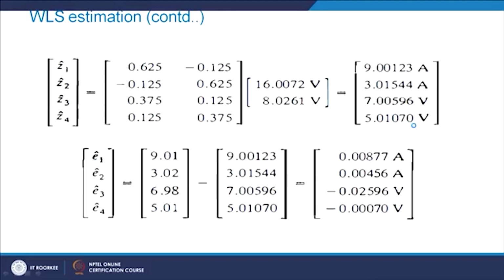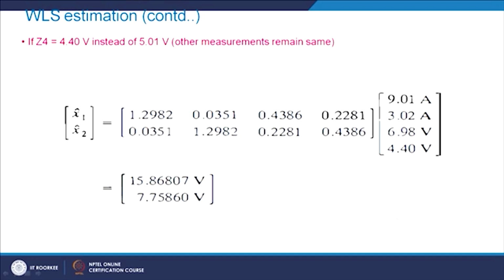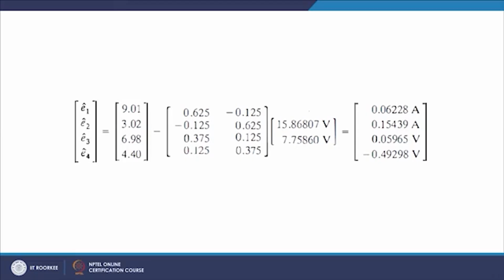Earlier my estimated values were almost exactly 16.00 and 8.0, but now my values are 15.86 and 7.75. These have changed considerably, and the estimated errors are now much more increased.